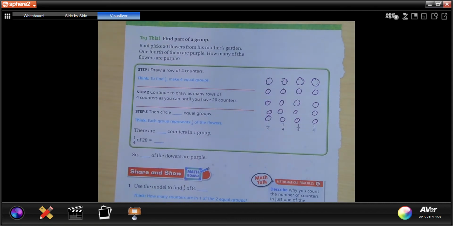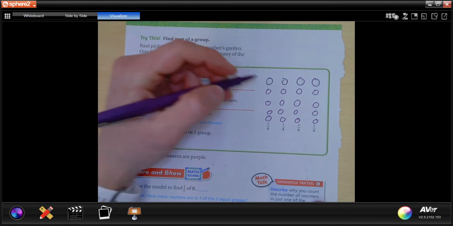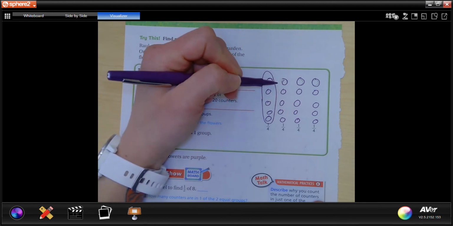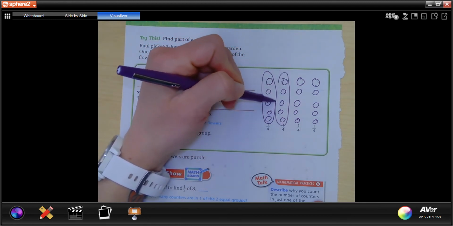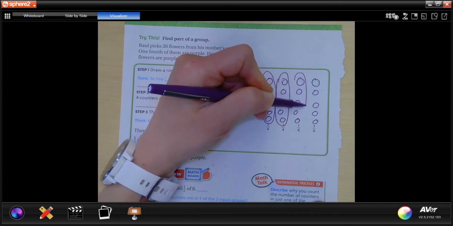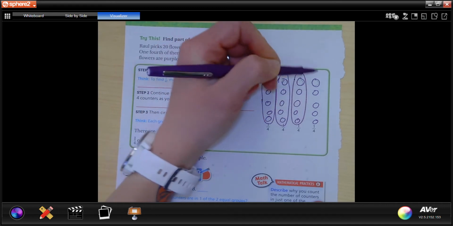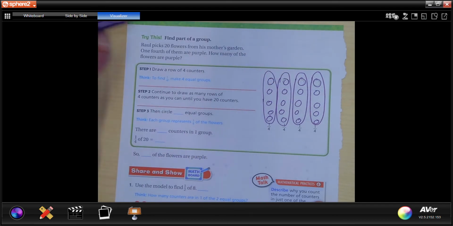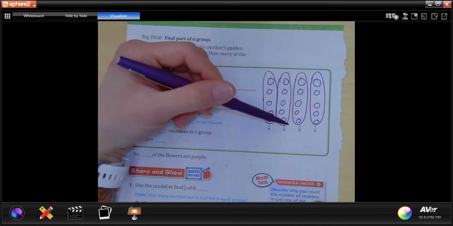All right. Step 3. Then circle the equal groups. We have 1 group. We have 2 groups. We have 3 groups. And we have 4 groups. 4 equal groups. Each is 1/4.